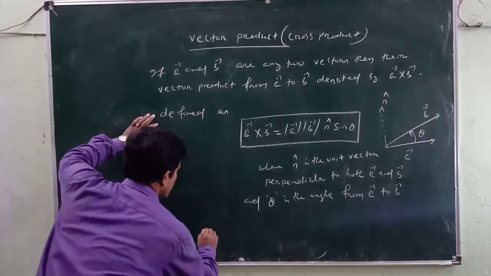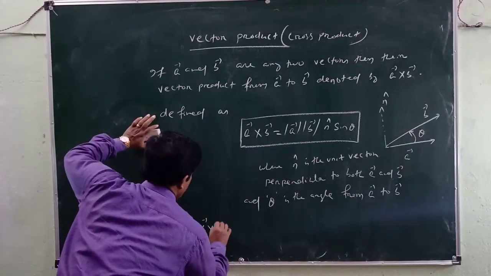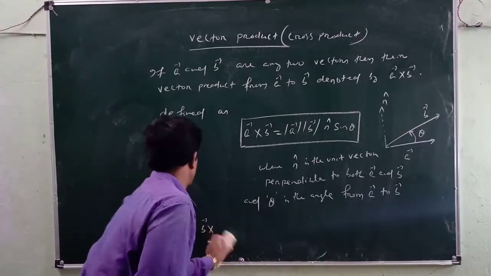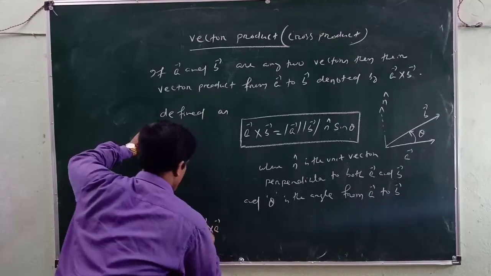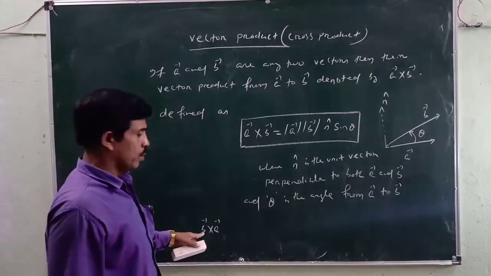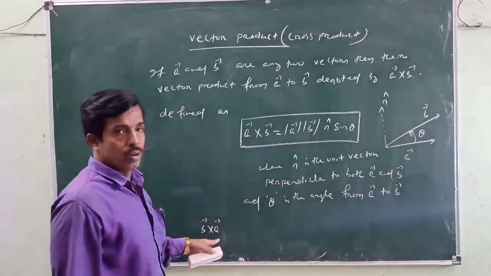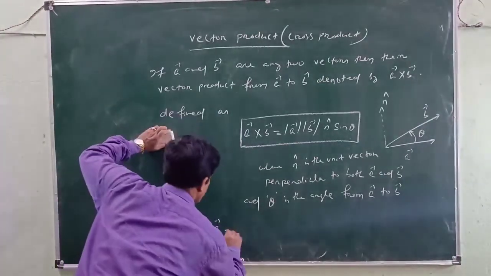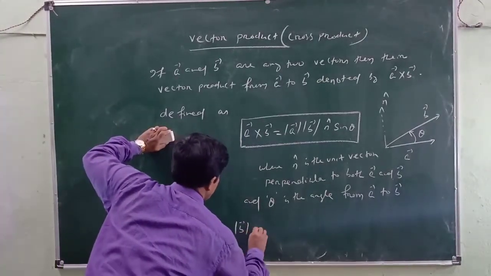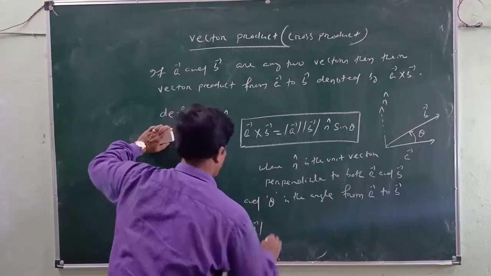Similarly, if you want to find the vector product from B to A, it will be B cross A. Then it will be B magnitude, A magnitude, n cap.